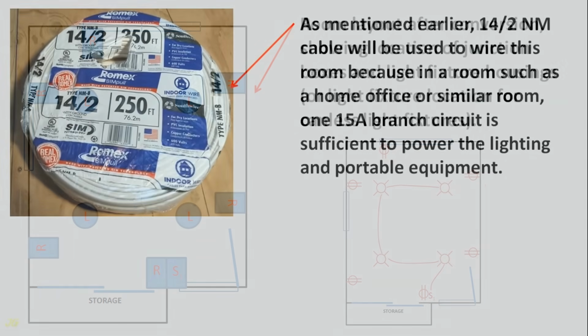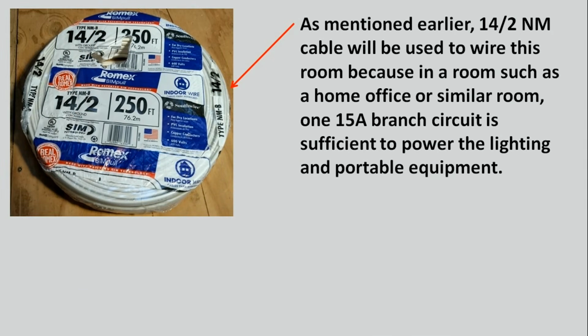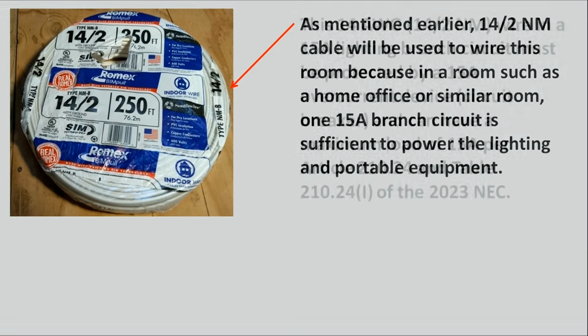As mentioned earlier, 2 NM cable will be used to wire this room because in a room such as a home office or similar room, one 15 amps branch circuit is sufficient to power the lighting and portable equipment.